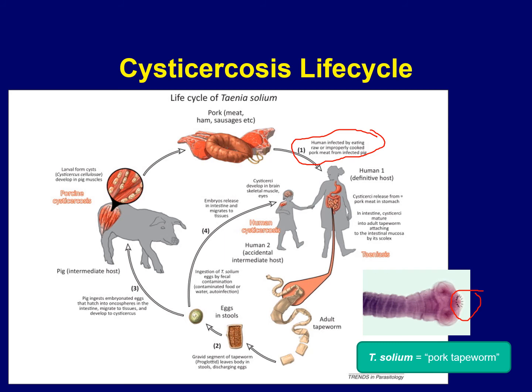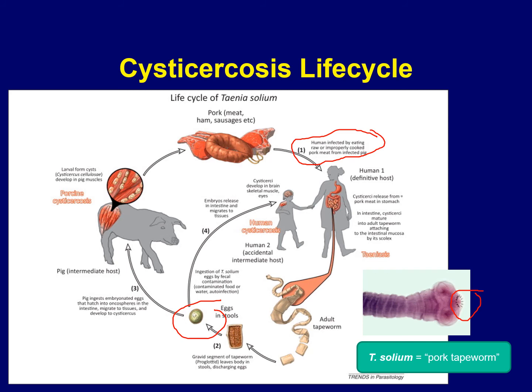So we have these Taenia solium eggs from human stool, and what happens is that pigs ingest these embryonic eggs because these pigs in poor conditions, like we saw in the previous slide, are roaming around and drinking water that has human sewage in it.